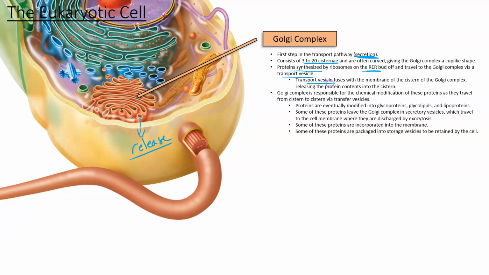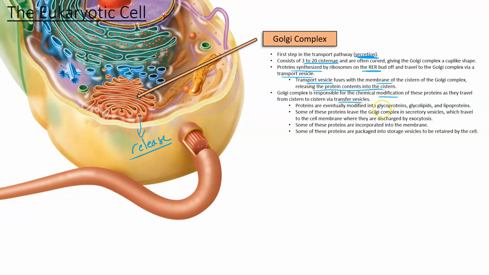Okay, so transport vesicles fuse with the membrane and release the protein contents into the cisterna, and the proteins are completely chemically modified as they travel from cisterna to cisterna via transfer vesicles.